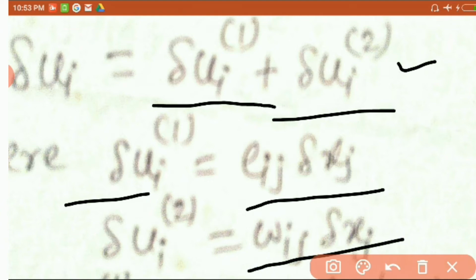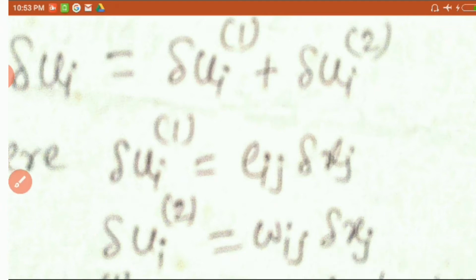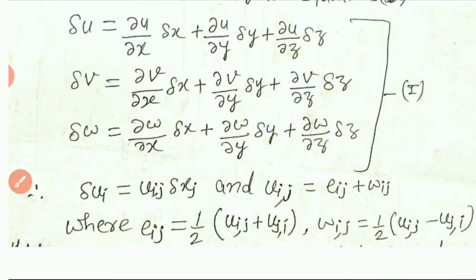Here delta ui1 is eij delta xj and delta ui2 is wij delta xj.